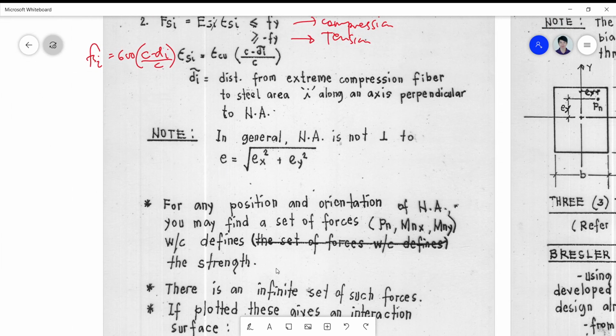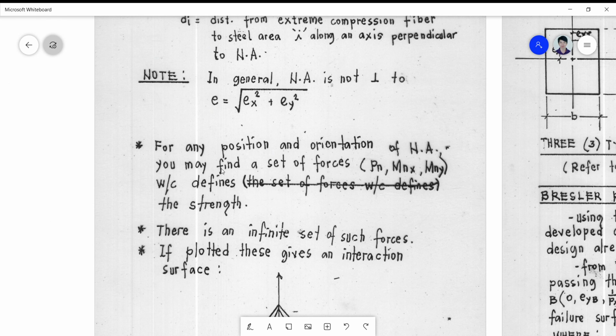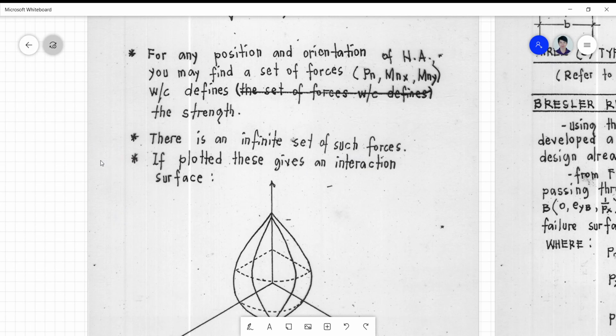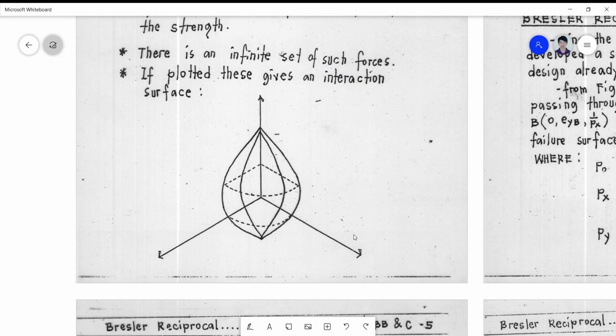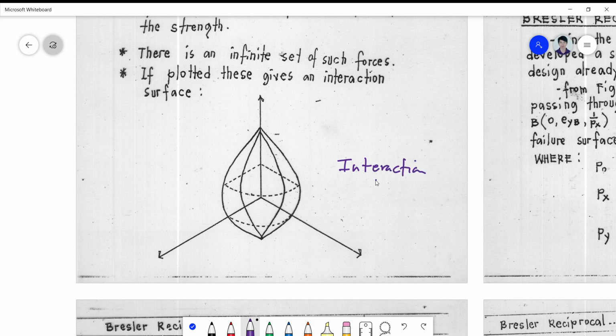Okay, for any position and orientation of NA, you may define a set of forces, Pn, Mnx, and Mny, which defines the strength. And there's an infinite set of such forces, and we come up with what you call an interaction surface. Instead of an interaction diagram, you now have an interaction surface.